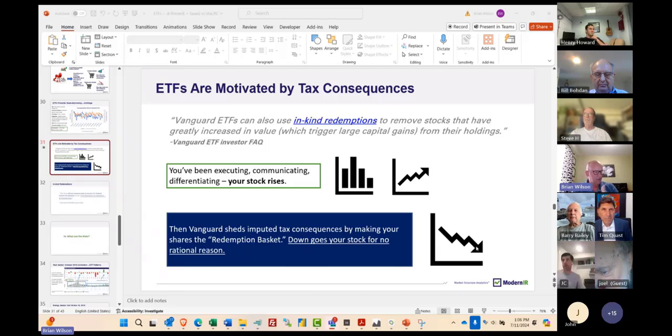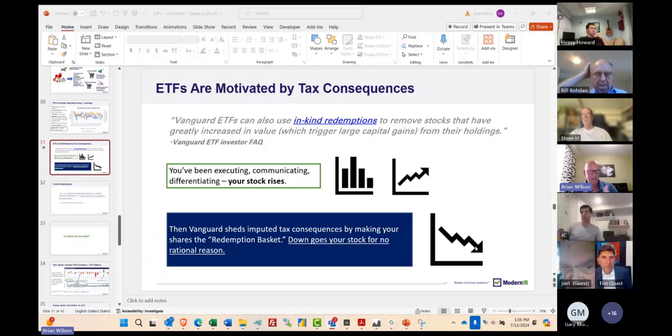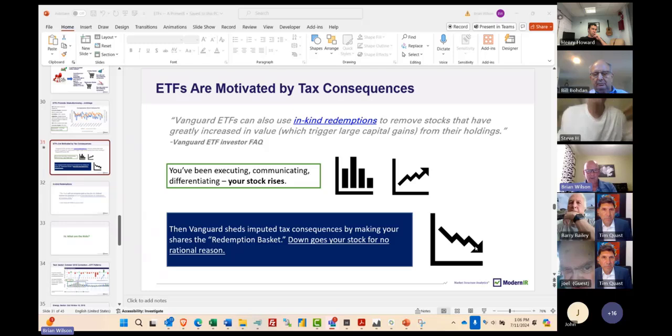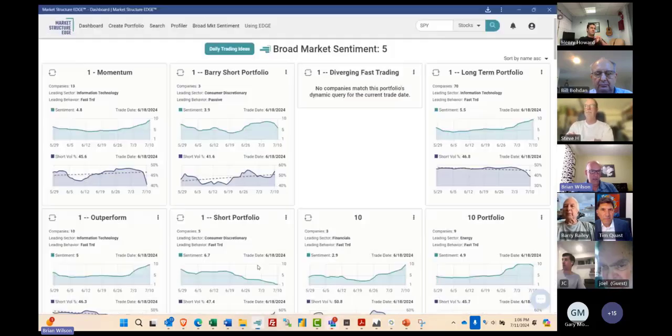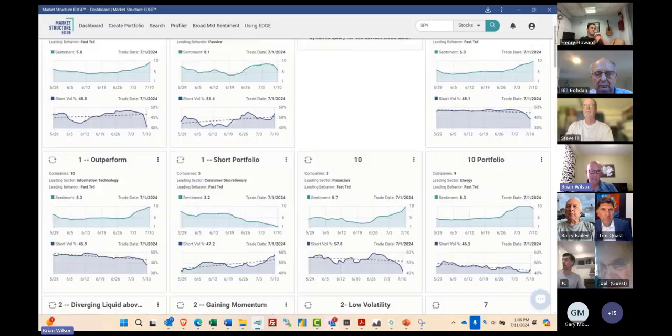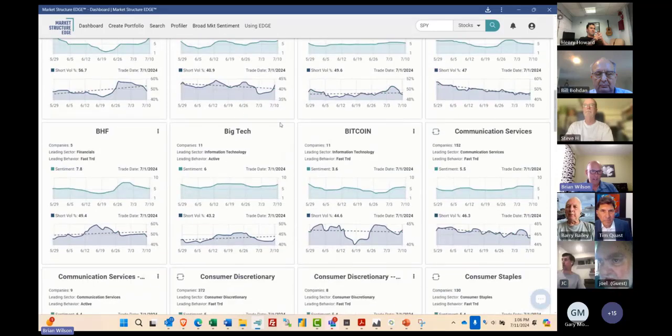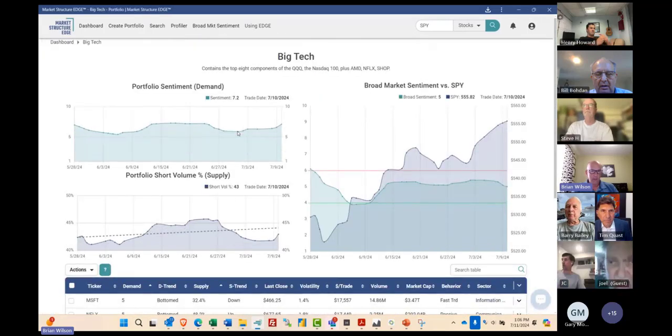Could you have an argument that something fundamental changed today? Are the interest rate sensitive stocks now going to benefit from a rate cut? Maybe, I don't know. But I think what's occurring is that you get these redemption consequences. Now, what we'll want to watch is whether this trade persists or not. If you look at big tech right now, it's still very, very strong.